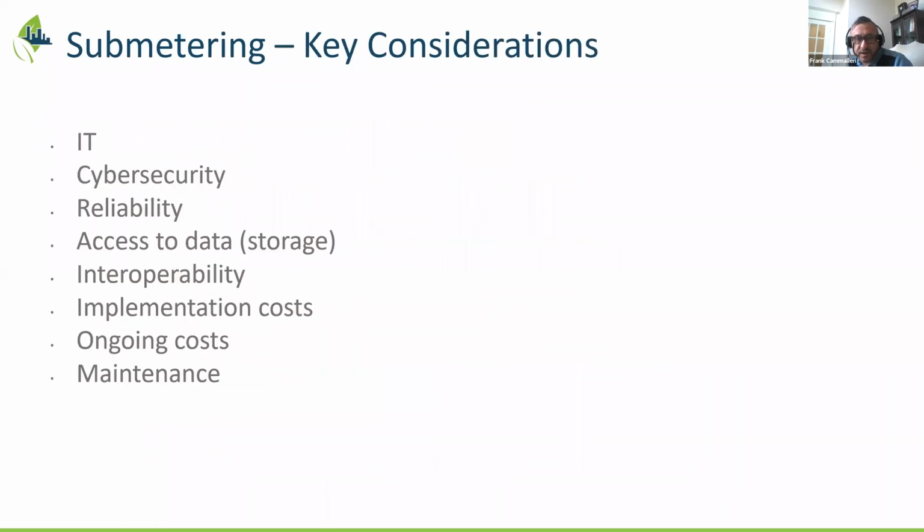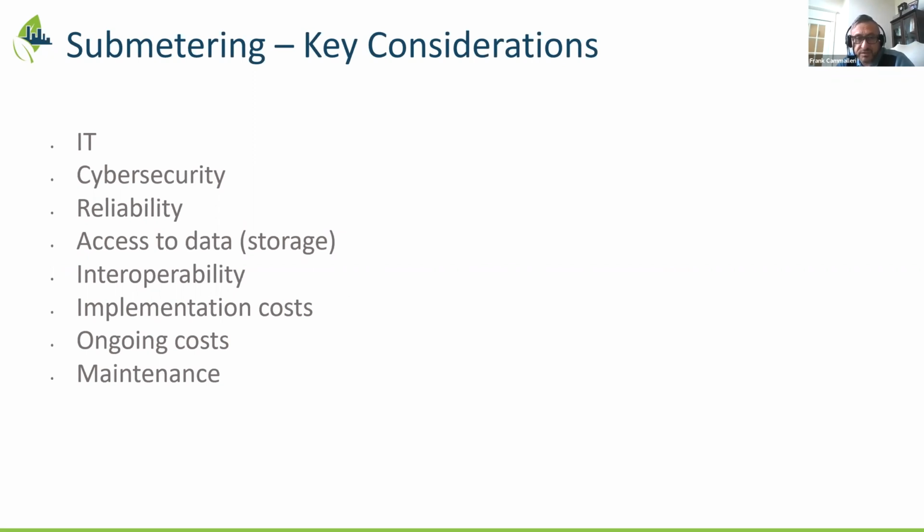The next slide I want to talk about, there are so many considerations you need to think about. We'll try to distill it into a handful of items. Here are a handful of items listed on this slide, but I'm going to resort to asking the panel a little bit more about this. IT is a big item. Cybersecurity is very related to that. The reliability of the data is important.